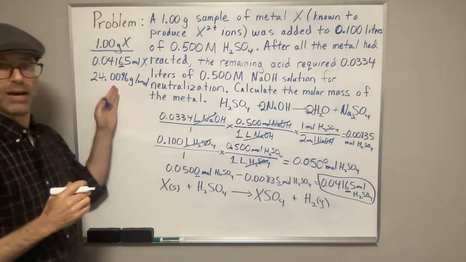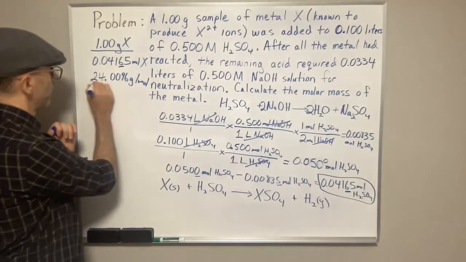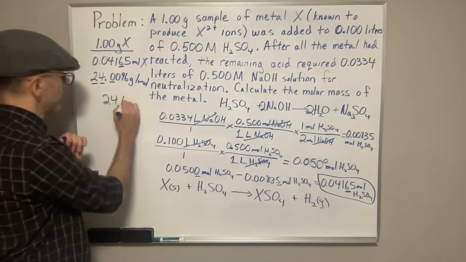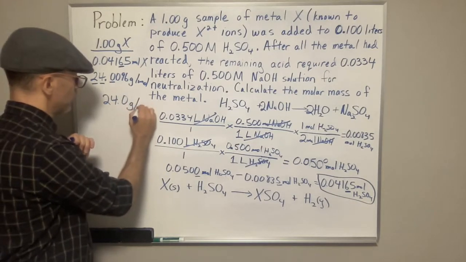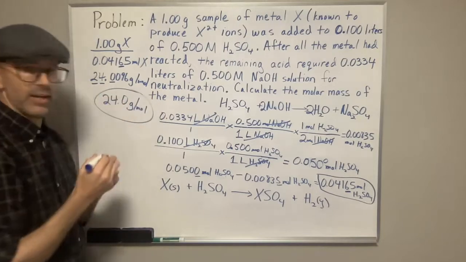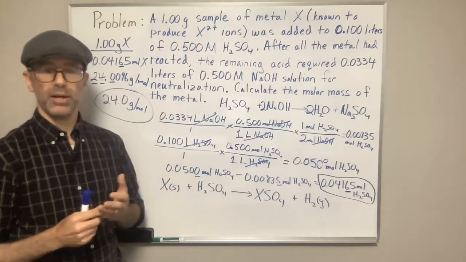But since we're only allowed 3 sig figs, we can only have 1, 2, 3. So the answer is 24.0 grams per mole. So that is the molar mass of our metal.